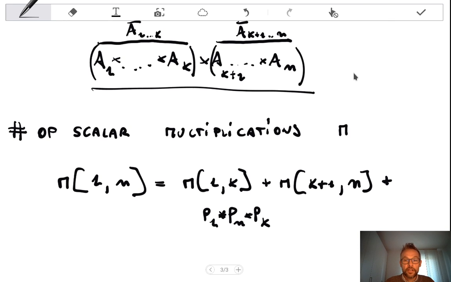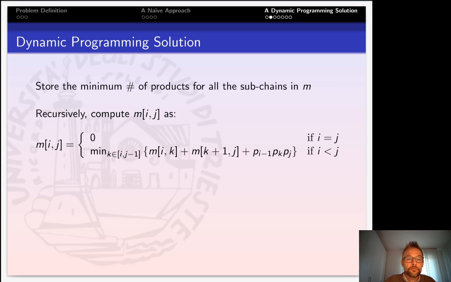Of course, there are n-1 possible different first level parenthesizations. So this k can range from 1 up to n-1, and we have to minimize it. That's why here we have the minimum.